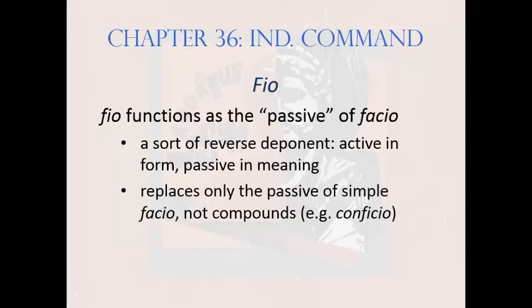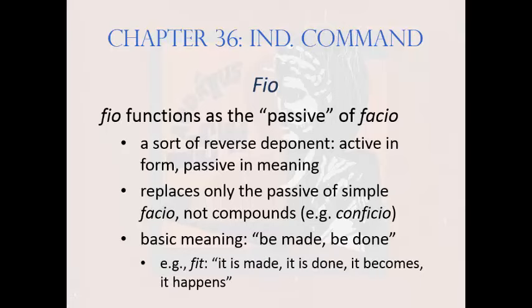Fio's major purpose is to serve as the passive of facio in the present system, but only the present system and only facio. No other verb, not even any of the many compounds facio forms like conficio, which is also some welcome news. So, if fio's the passive of facio, it must mean be made or be done.